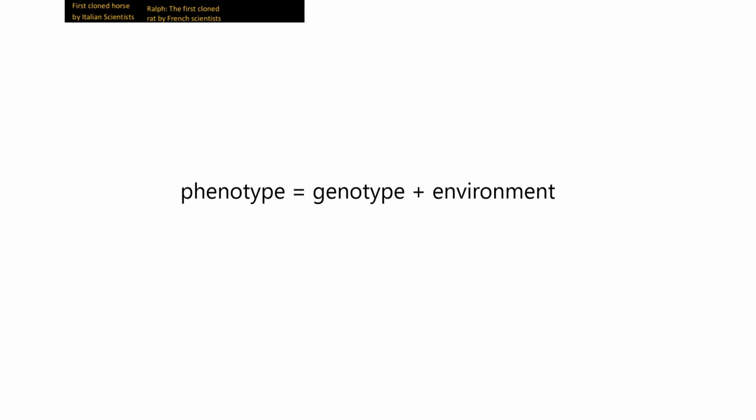And then, of course, the environment that man or nature provides. Those two work together to show us something. So you can have two animals with the same genotypes, but if they're fed quite differently, then they're going to look different. They're going to be different sizes. So very important to remember that.